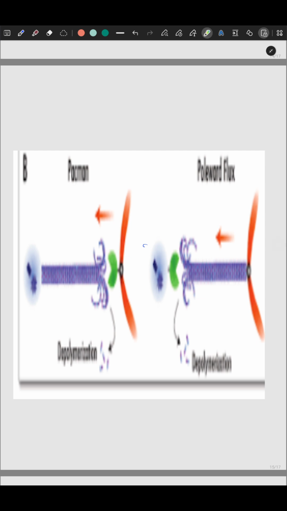Suppose this is in a vertically upward position, right? They are coming toward this side, and from the opposite side, it is coming this side.